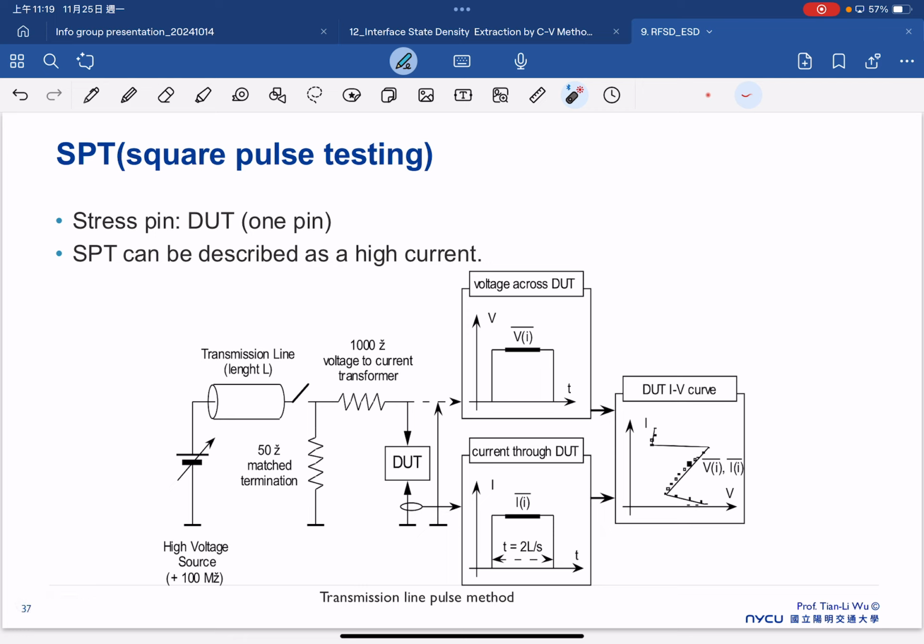This is very similar to the transmission line, but we sometimes use another name called square pulse testing. This is a test we do on the pin, stressing one pin at that moment to look at the ESD stability.